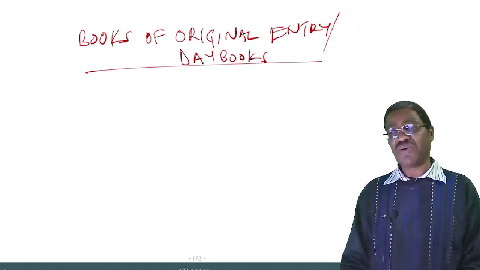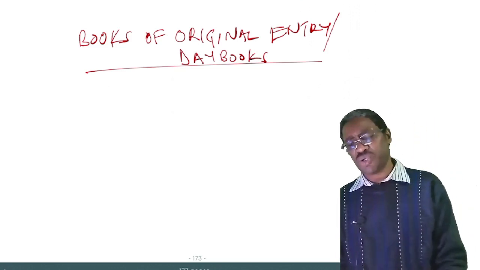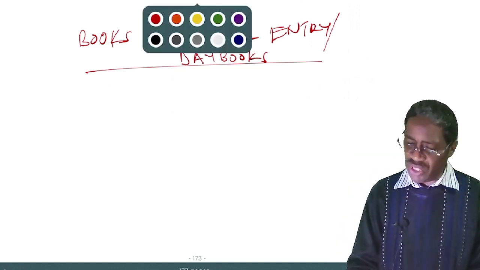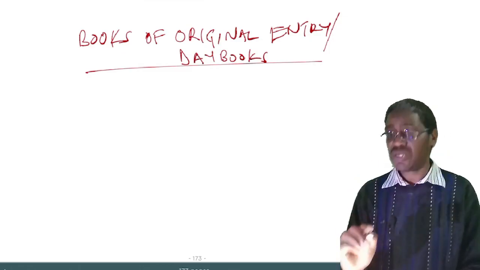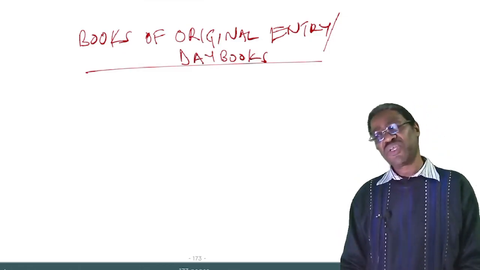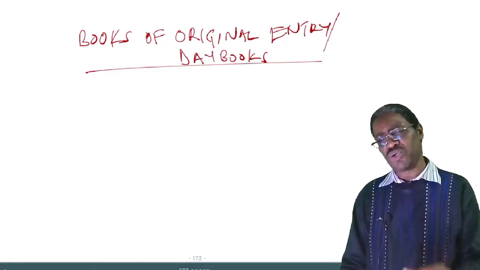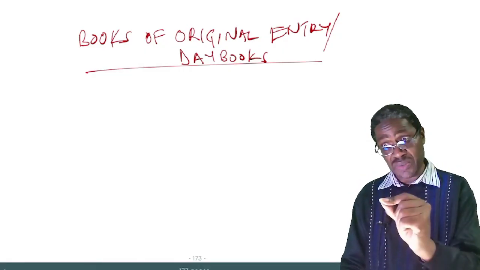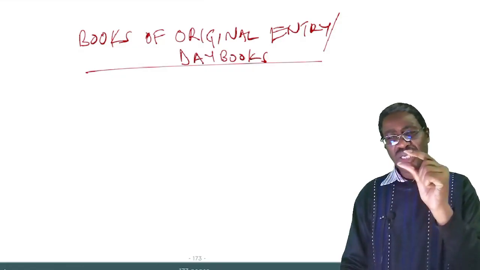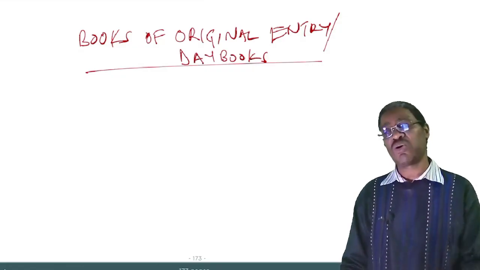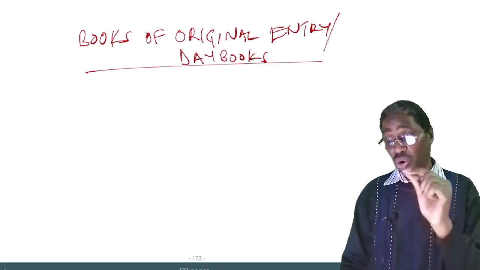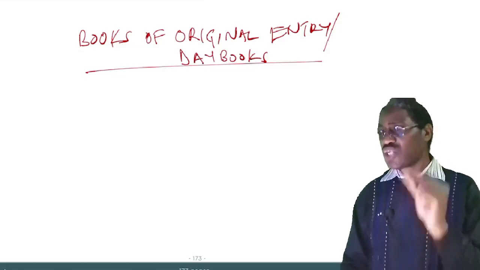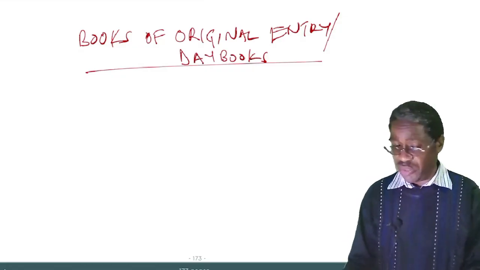Okay. Now, there are various types of books of original entry, and each type of book has its own purpose.